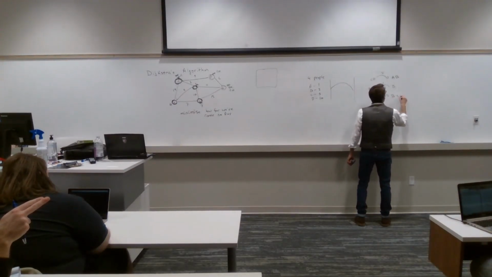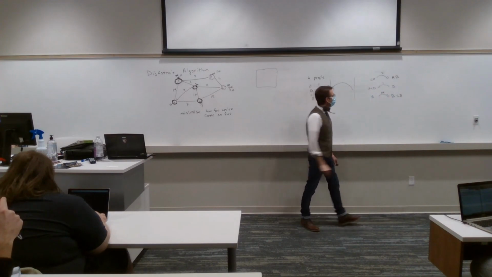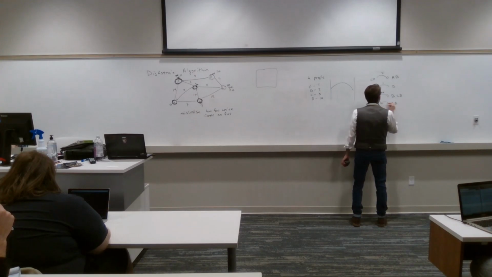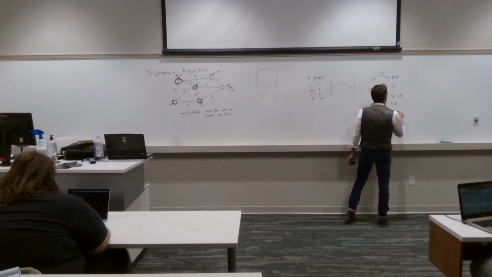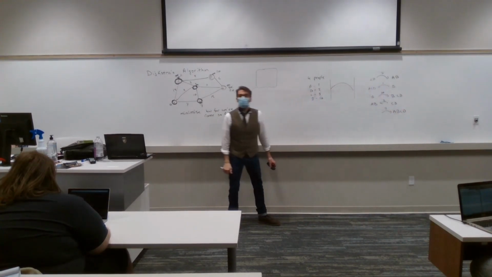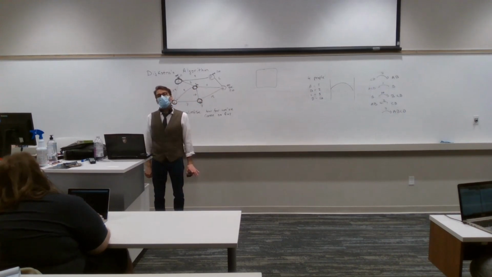Then C and D go over, which takes 10 minutes. B comes back, which takes 2 minutes. And then they go over, which takes 2 minutes. And altogether, 17 minutes. Can we do it better than that?